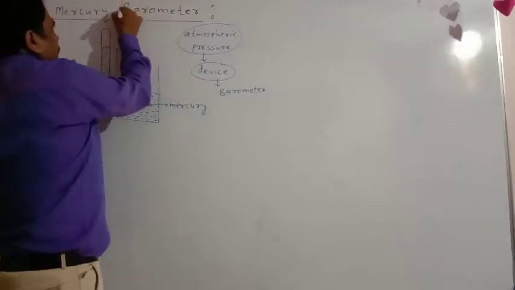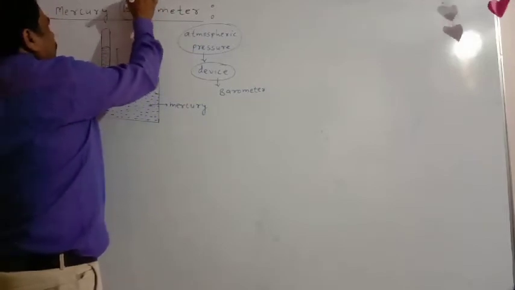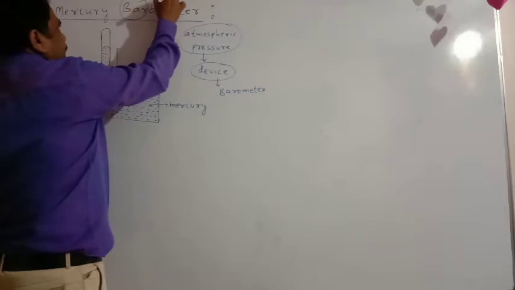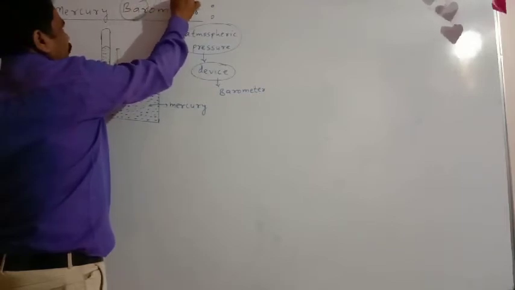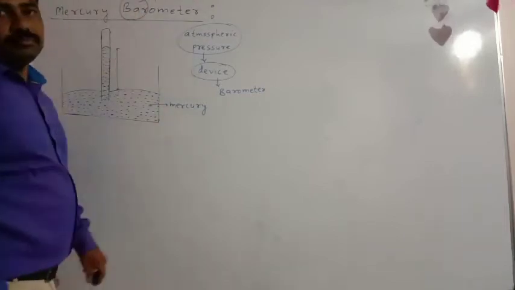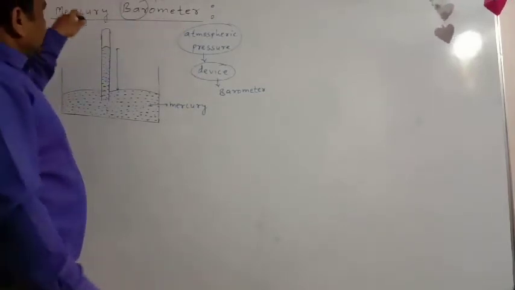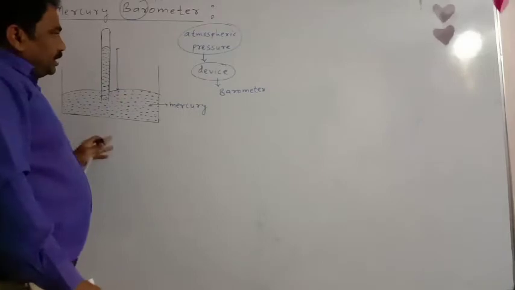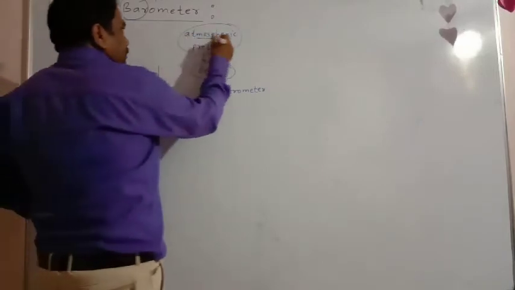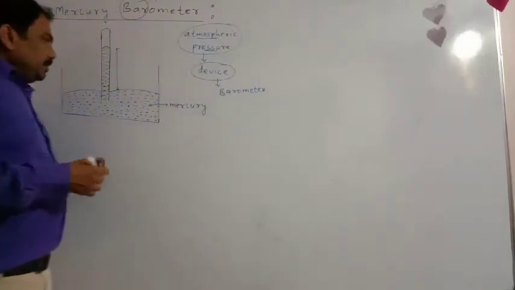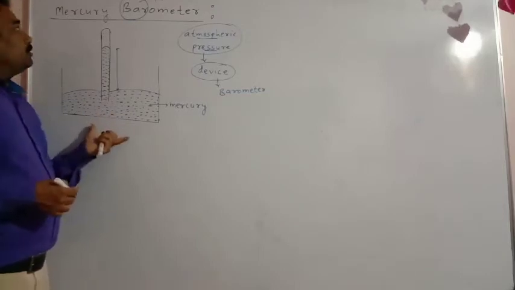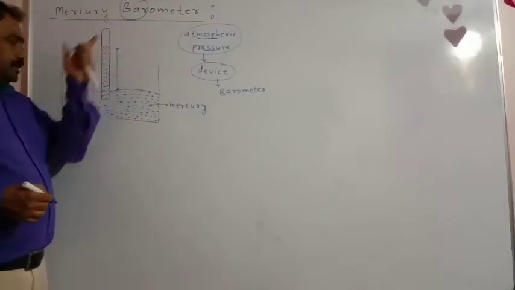So what does bar stand for? Pressure. Mercury barometer. So what does mercury barometer mean? To measure this atmospheric pressure, we are using a device which is called a mercury barometer.